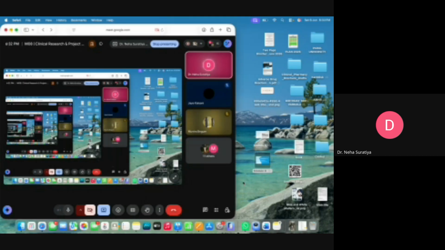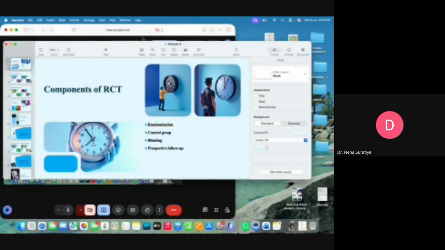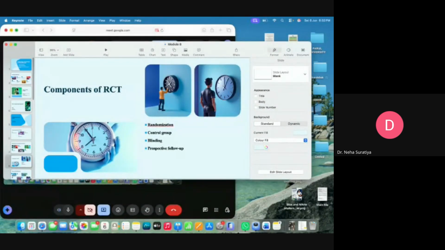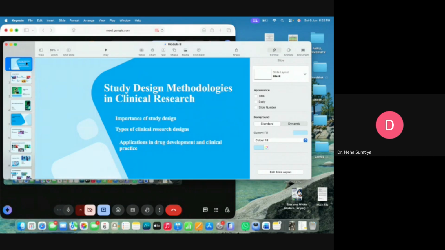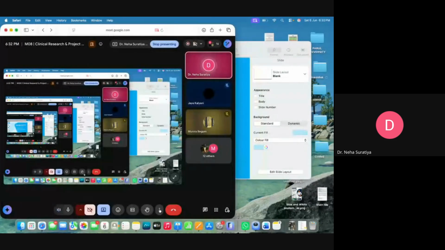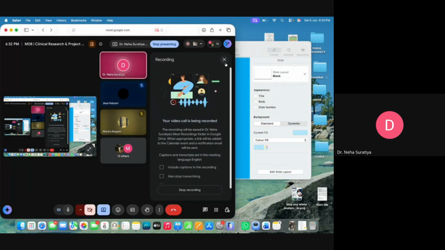May I know? Yes or no? Okay, thank you. If you are finding any glitch in between, please feel free to drop messages in the group, okay, so that we can solve it. Because it is an online session, we need to take care a little bit. I hope the recording is on. Yeah.